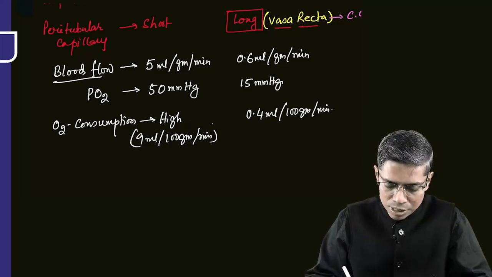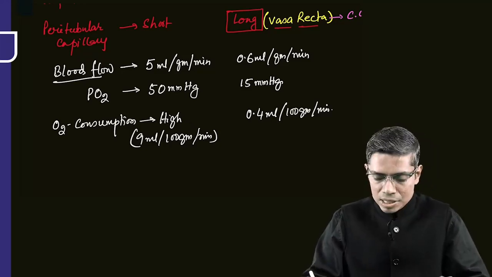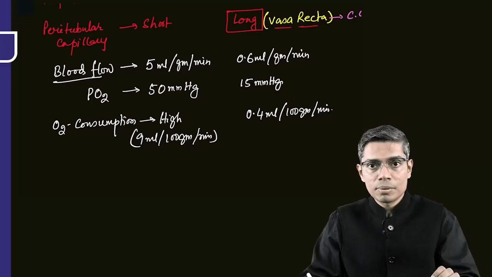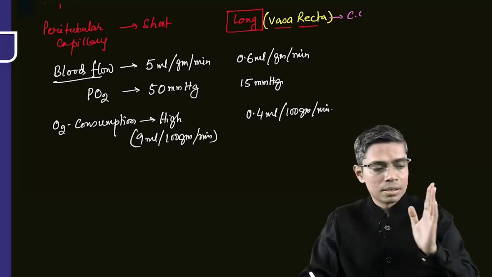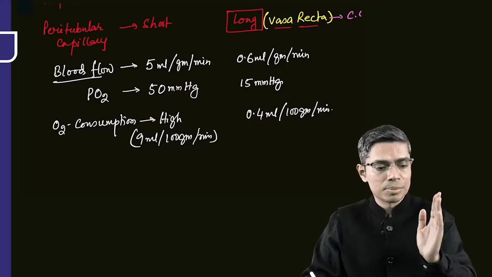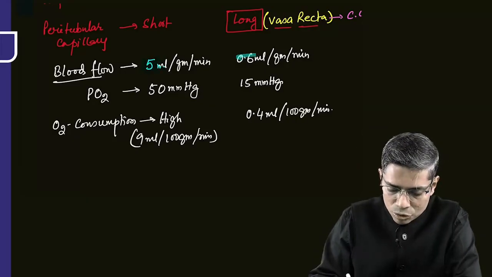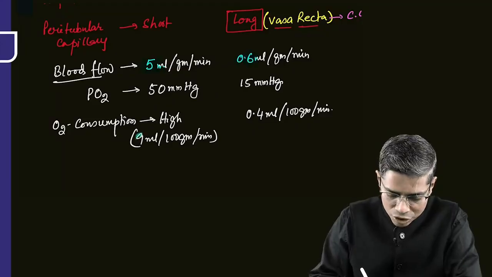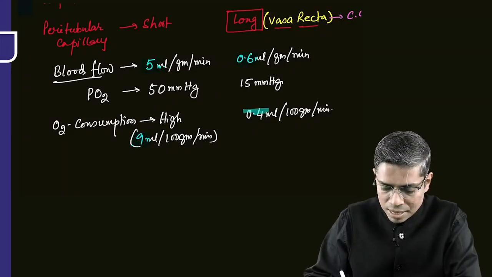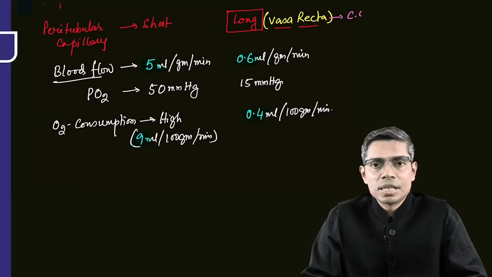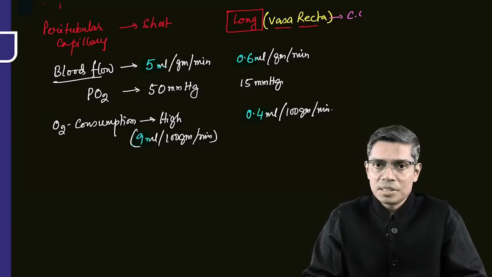So even if you don't remember the exact values, at least remember the ratio of blood flow between cortex and medulla, and the ratio of oxygen consumption between cortex and medulla. The ratio of blood flow is 5:0.6 and the ratio of oxygen consumption is 9:0.4. This has already been asked in the PGI Chandigarh examination. So please be careful here.